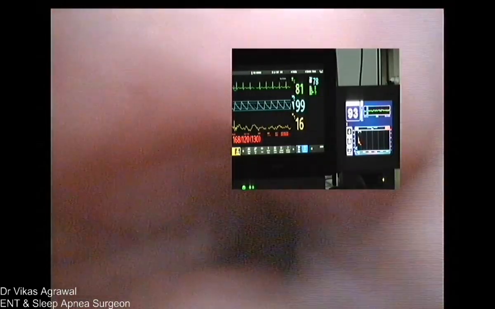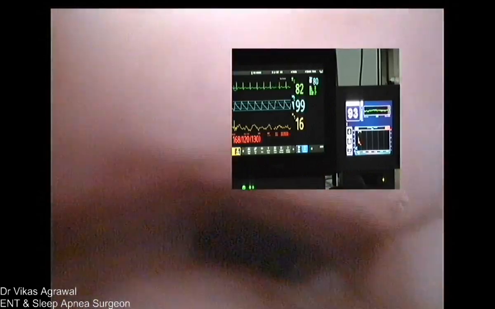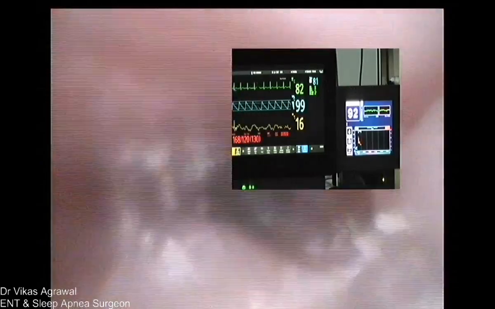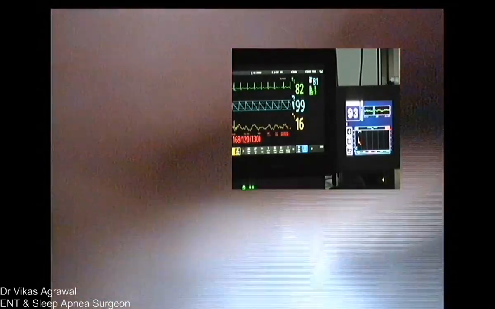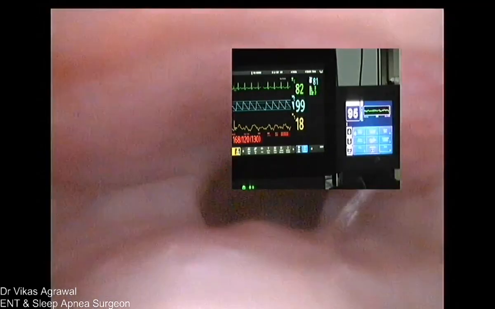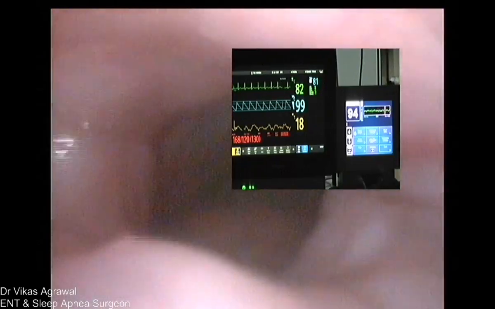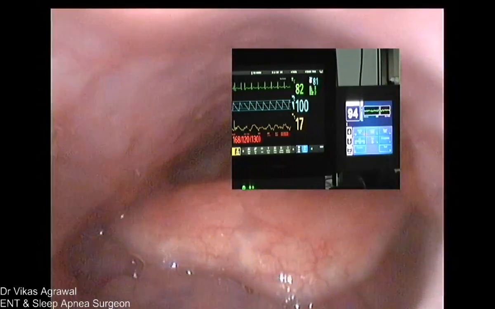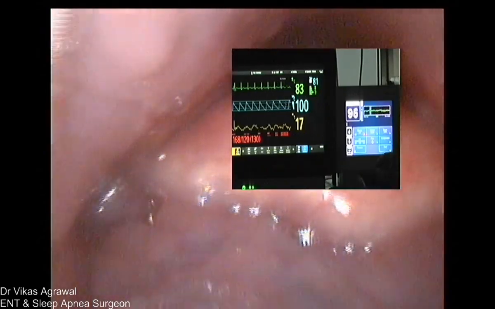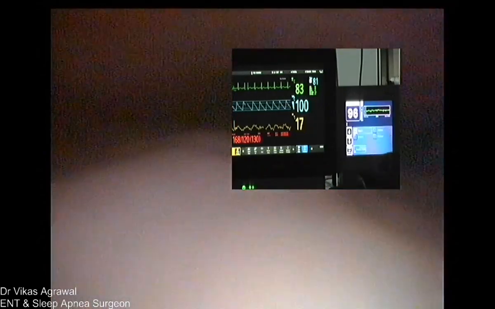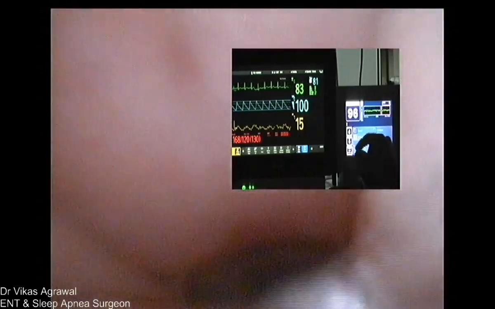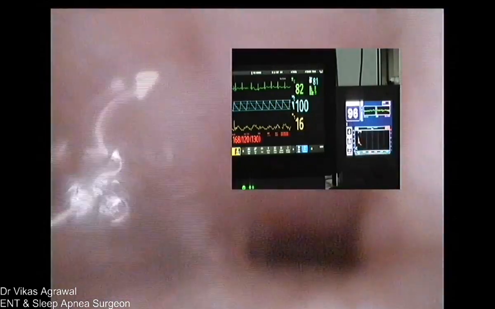So in the picture-in-picture mode, you can see the anatomy of this patient. That's the tongue base, that's the epiglottis, and this is the palate. And in the PIP, you can see the vitals of this patient.